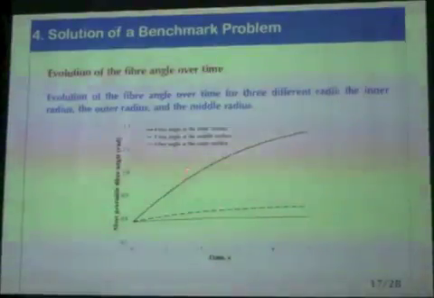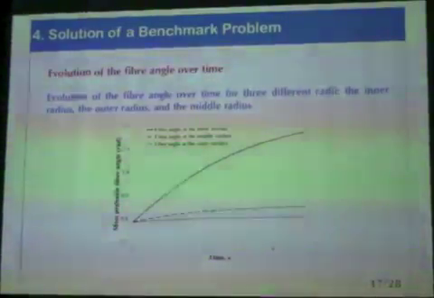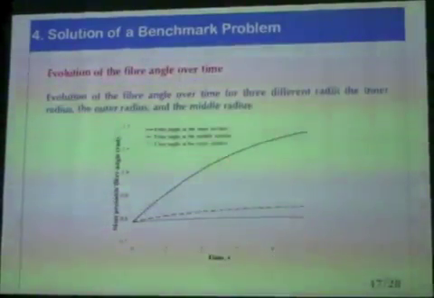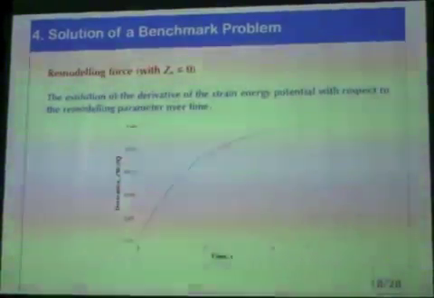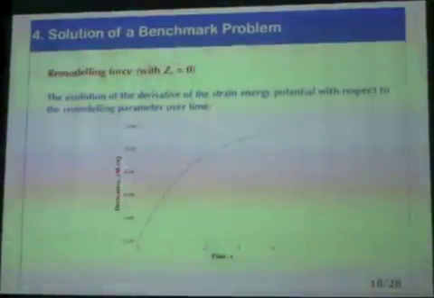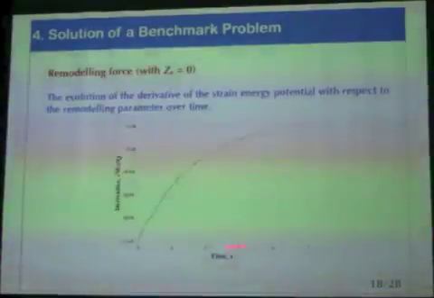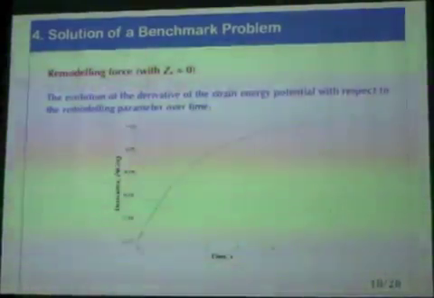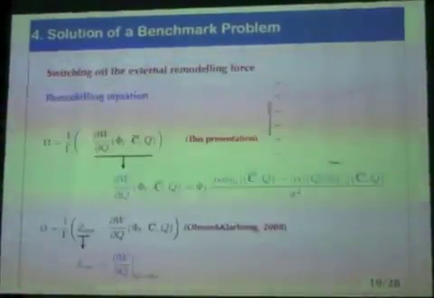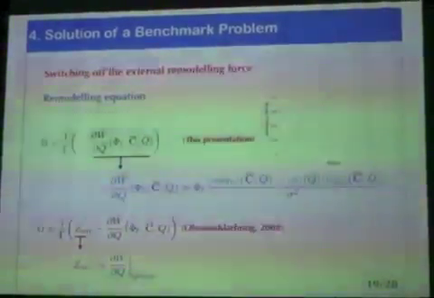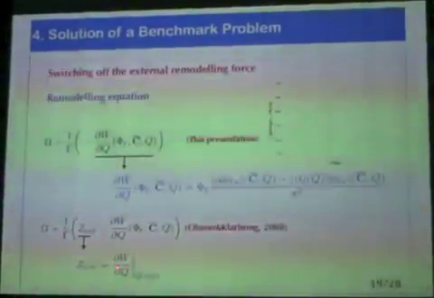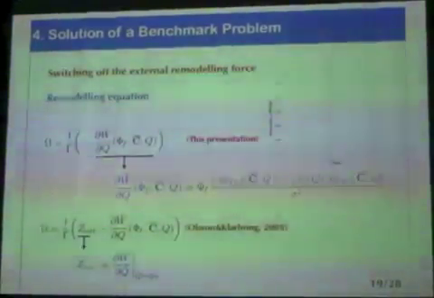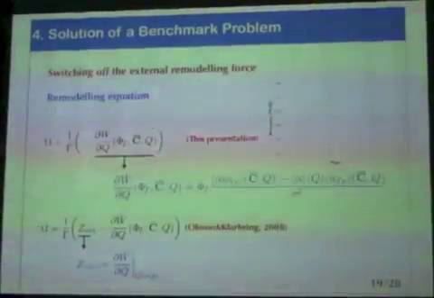But when I go to the internal surface, where the force is applied, well, then I have the layers that remodel the most. What is interesting for me is that the derivative of the energy with respect to the remodeling variable attains a stationary state without the need of tuning any external force. The reason is, what has been done by other authors is to say this external force is equal to this derivative computed at some value of the target angle, which is fine to me.